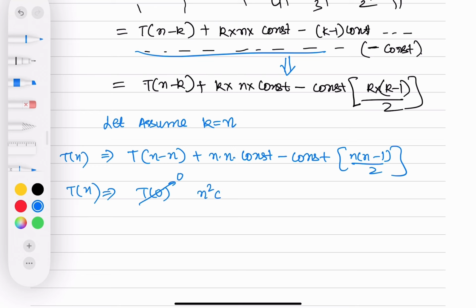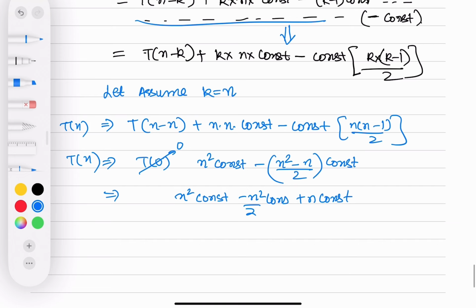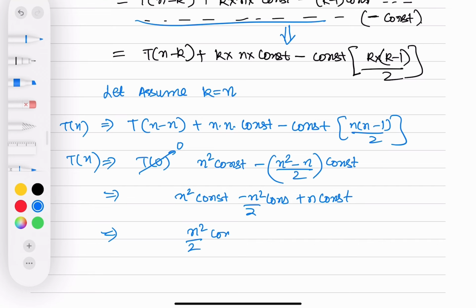So you get n square constant minus n square by 2 constant plus n by 2 constant. Right? If you solve this, it becomes n square by 2 constant plus n by 2 constant. Correct?